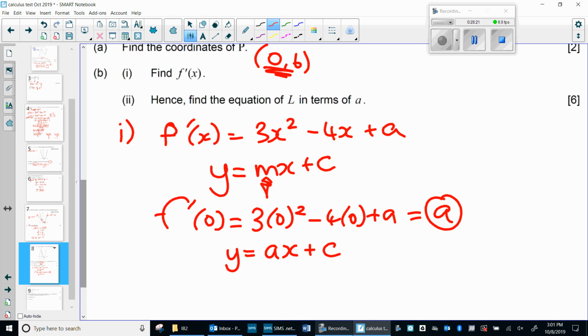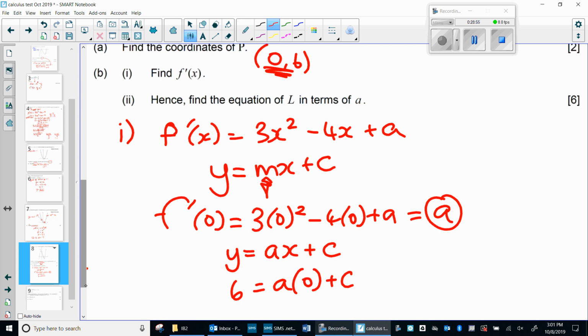Then we know that the point P has the coordinates 0, 6. So remember that's where we put this in here. We say 6 is equal to a lots of 0 plus c.